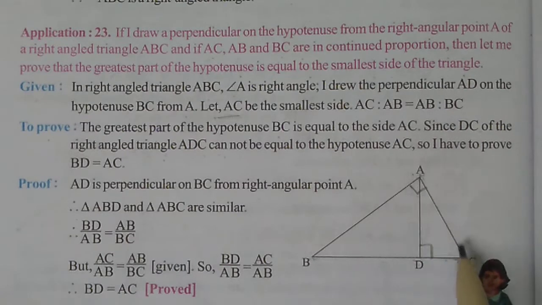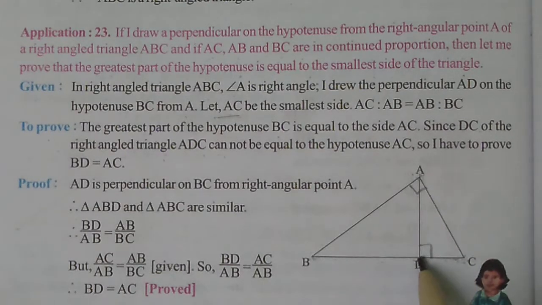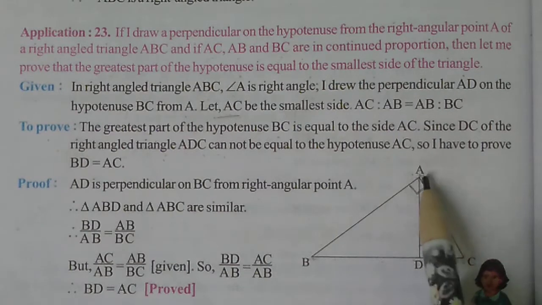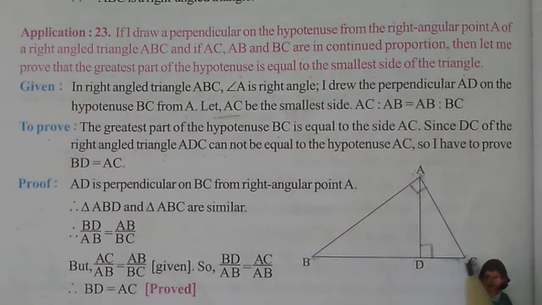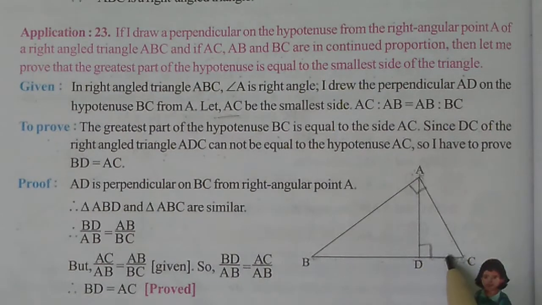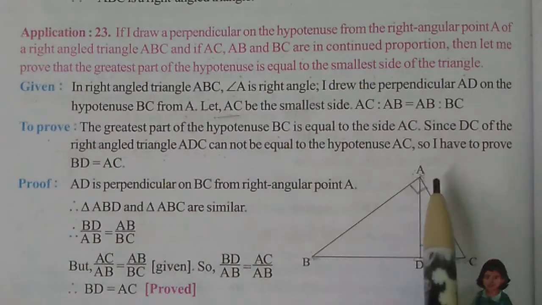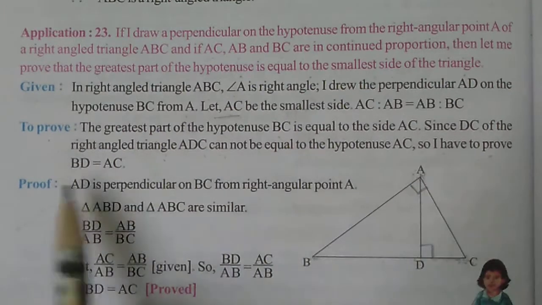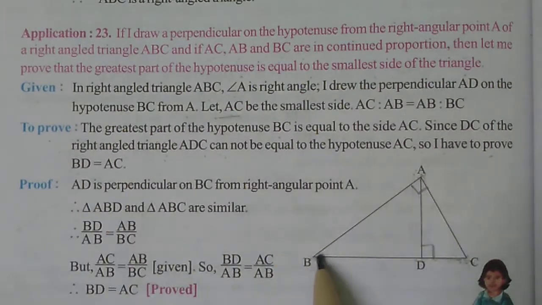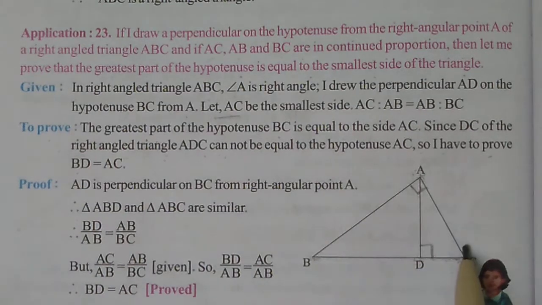We know that the hypotenuse is the greatest side of the right angle triangle. So from the right angle triangle ADC, AC is the greatest side, so DC is not the greatest. Okay, so BD is the greatest part. So I have to prove BD equals to AC.